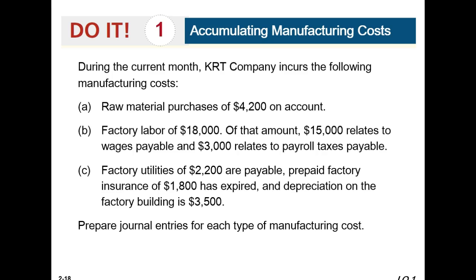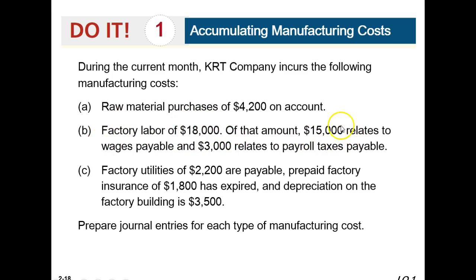So now we're going to do this one on our own. During the month, KRT Company incurs the following manufacturing costs. Raw material purchases of $4,200 on account. When it says on account, that means we didn't pay cash for it yet. We have a bill. Factory labor of $18,000.